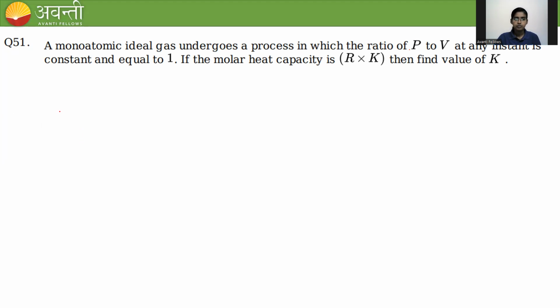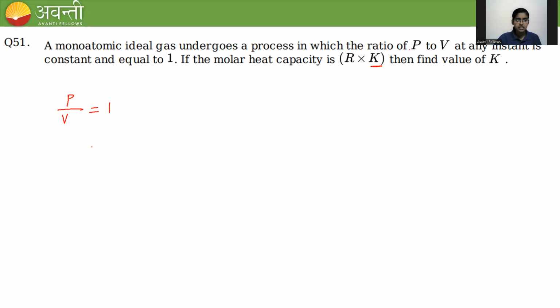The ratio of P to V is constant and it is equal to 1. And we have to find out the molar heat capacity, given as R into K, and we are asked to find the value of K.